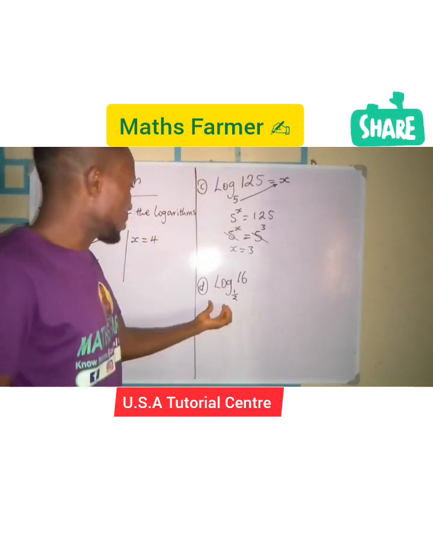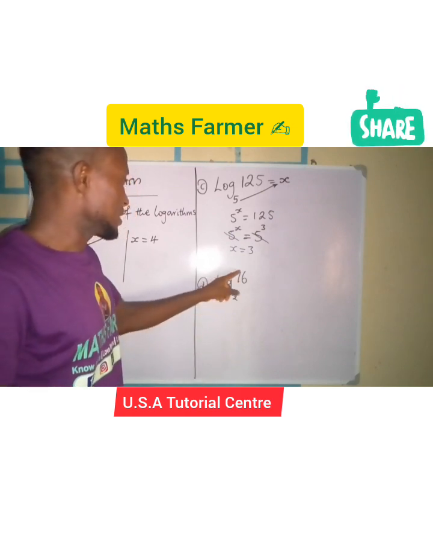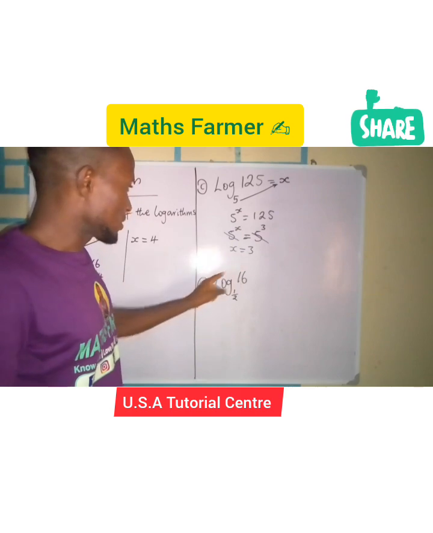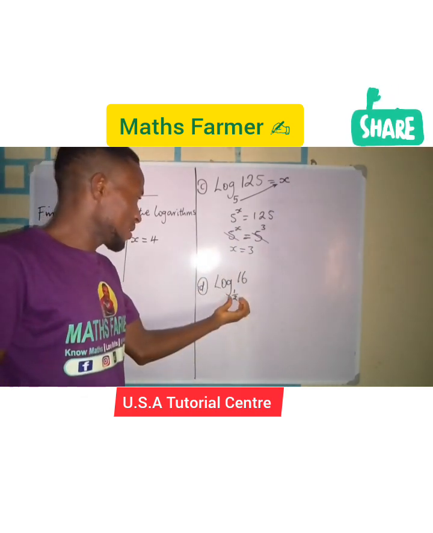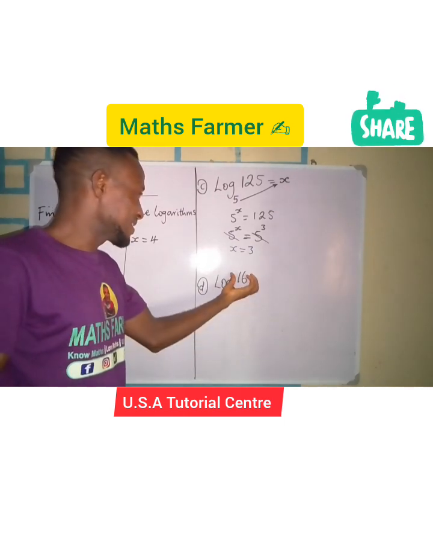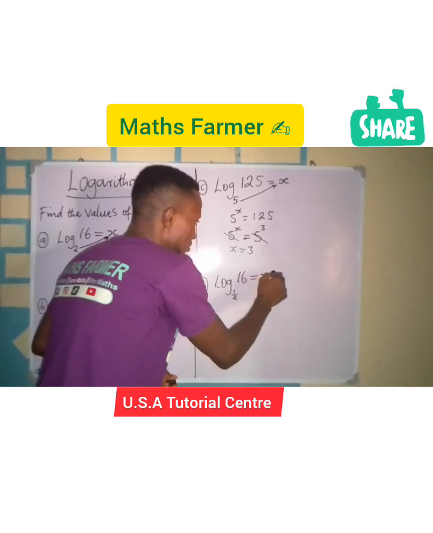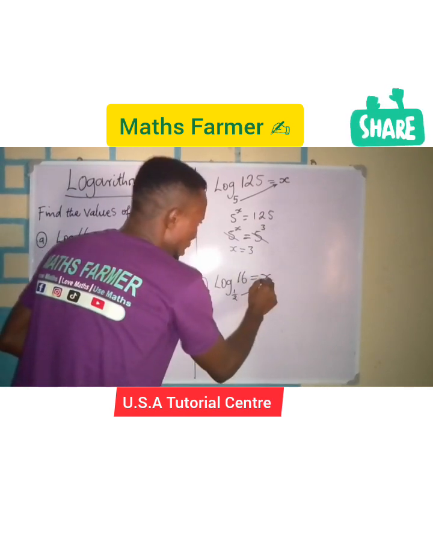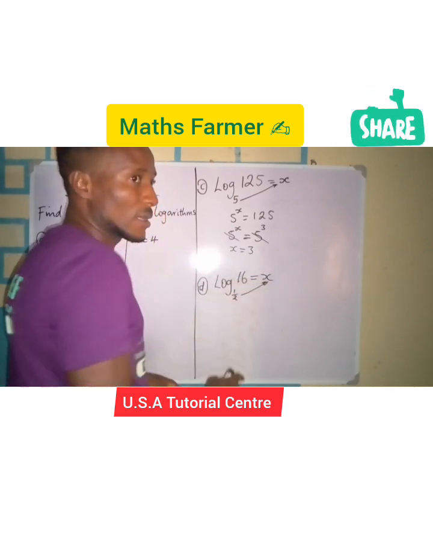Now moving to the last one, they gave us log 16 base half. What it implies is, what raised to the power of half, that's 1 over 2, gives us 16? We don't know. We say let it be x, or any alphabet of your choice. As usual, I'll put my arrow showing you that whatever you have here is going to be raised to the power of this.